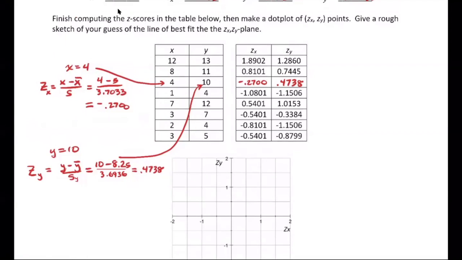All right, so the first one again, 1.89 and 1.28 is going to be about here. So I'm going to draw guidelines as I do this and then erase the guidelines. Next one's 0.81 and 0.75-ish.